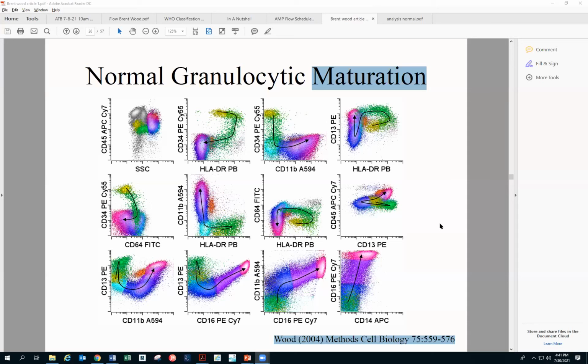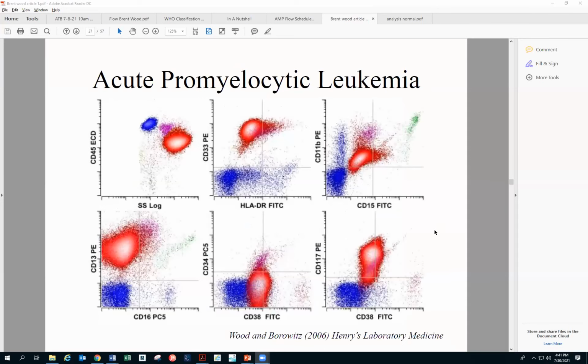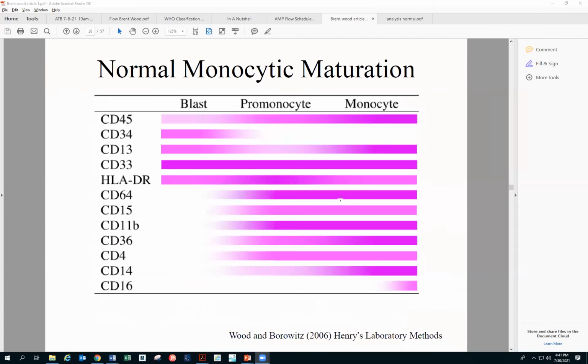Okay. So we directly dived into the harder part of flow. Now, I will not show the promyelocytic leukemia; we'll discuss that when we have the APL. But let's go into monocyte maturation.